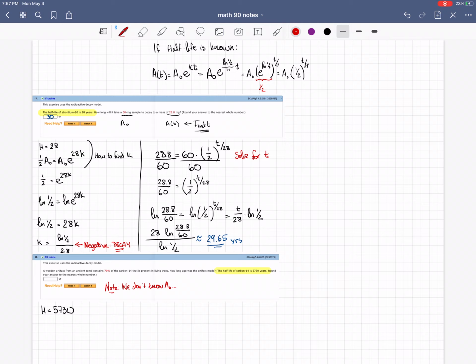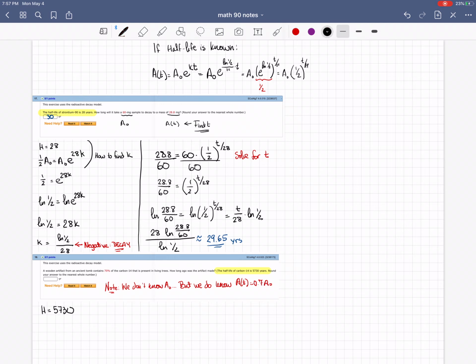So whatever it is, we do know that A of t is equal to 70% of A0, or 0.7 A0.